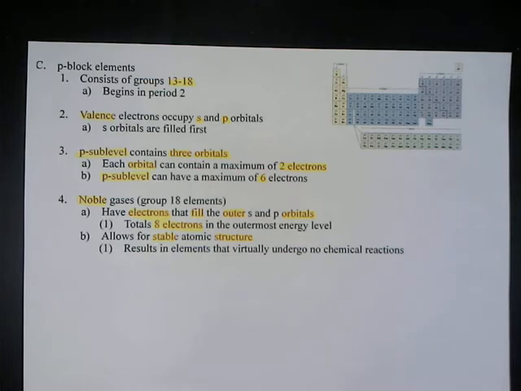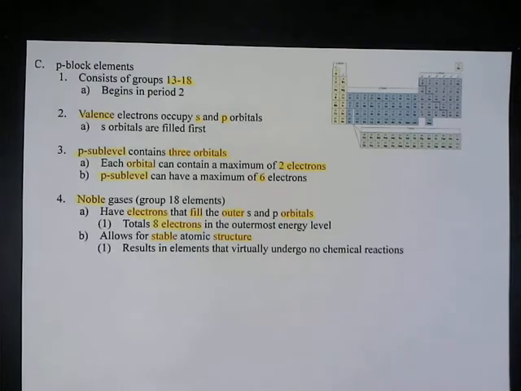Now, the importance here about noble gases, I said we would circle back to valence electrons in P block elements occupying the S and P orbitals. The importance to this becomes the octet rule, which we'll talk about more and more as we go through this class.